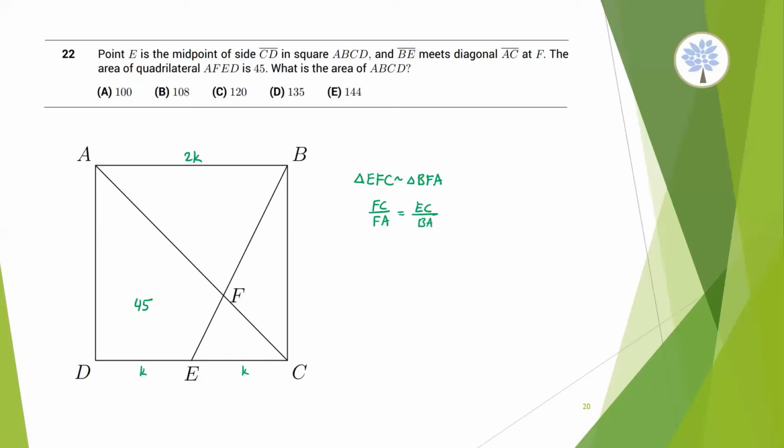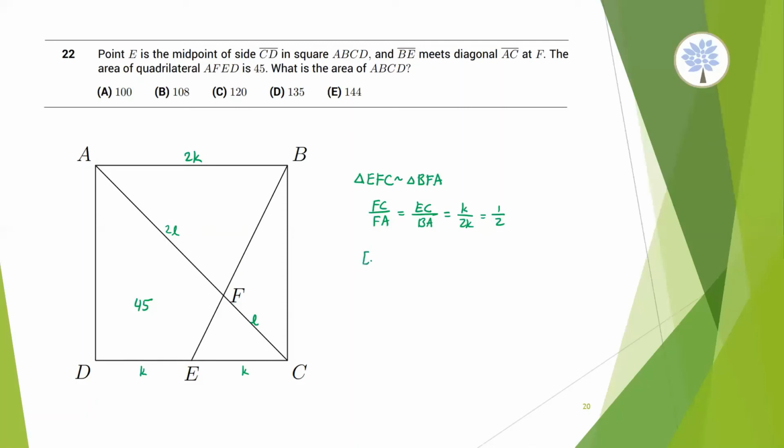So FC over FA is equal to EC over BA, which is equal to K over 2K, which is a half. So from here, we can suppose FC has length L, then AF has length 2L. And now we have more length ratios.